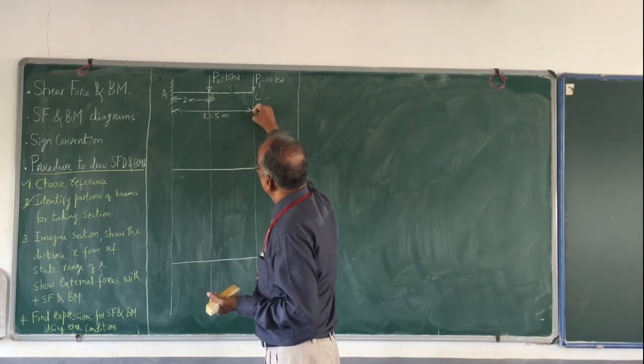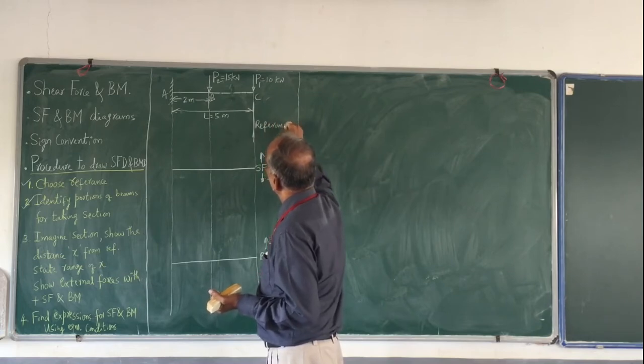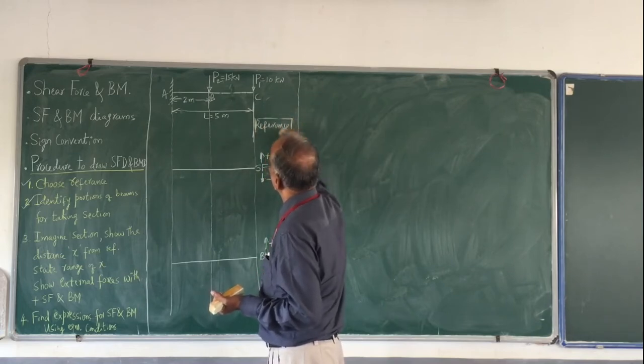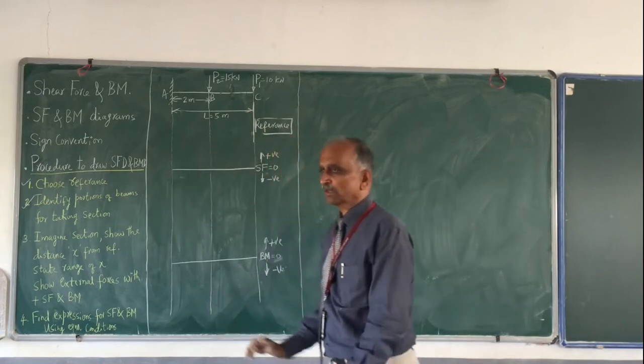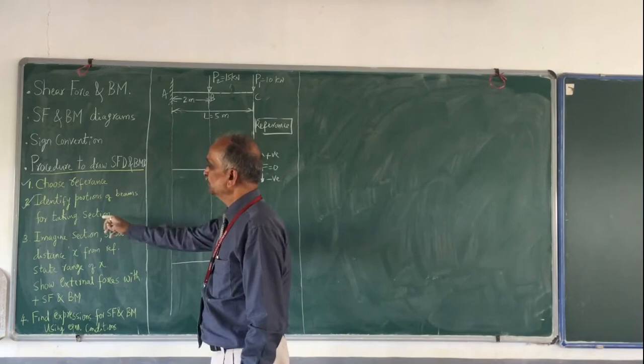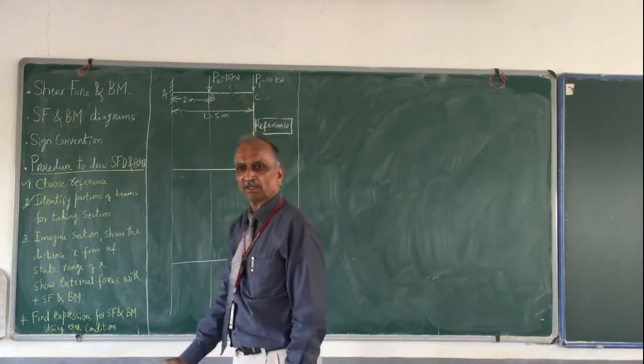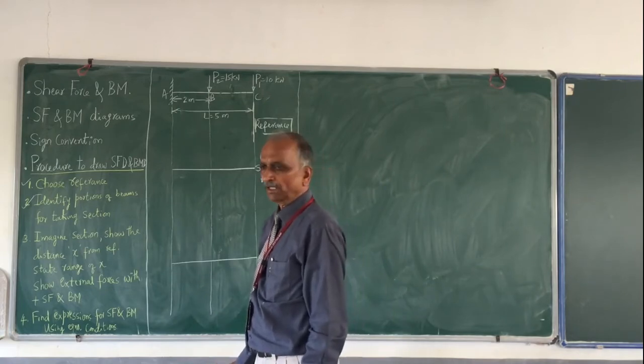This is my reference, the free end is my reference. Identify the portions of the beams for taking section. One is AB, the other one is BC. I hope it's clear? AB and BC.